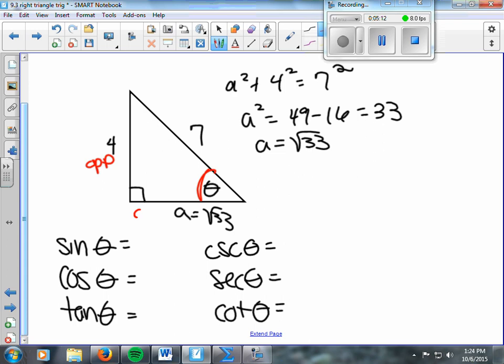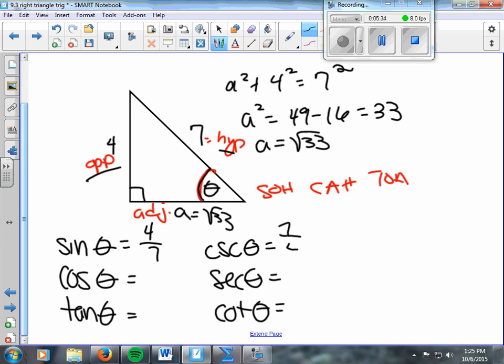A, or radical 33, is my adjacent, and 7 is my hypotenuse. And so I'm just going to use SOHCAHTOA. The sine of the angle is the opposite over the hypotenuse. That would be 4/7. I'm going to go ahead and do the cosecant at this point. Cosecant and sine are reciprocals, and so I know that the cosecant of the angle is 7/4.